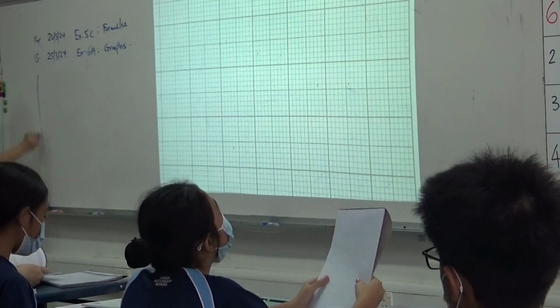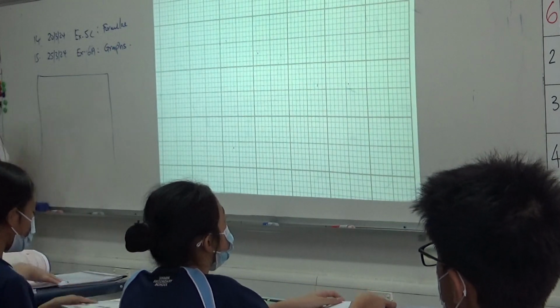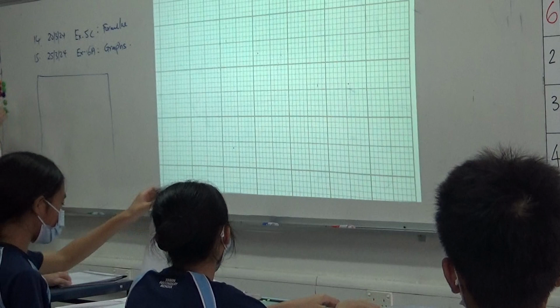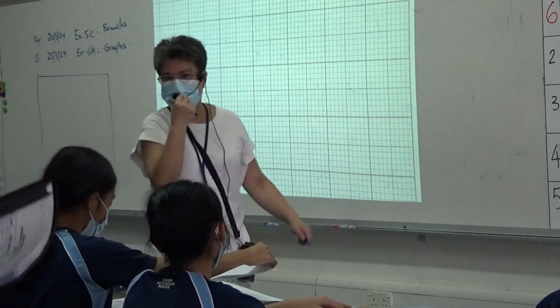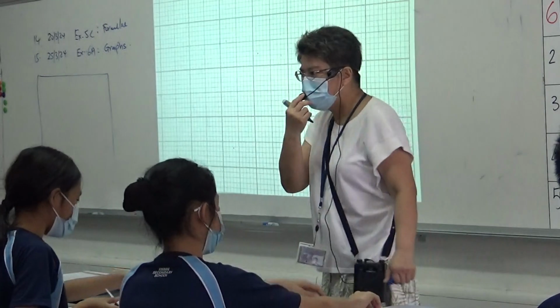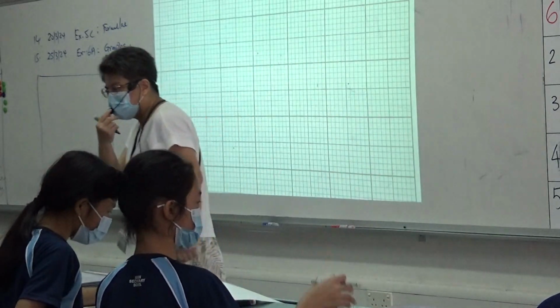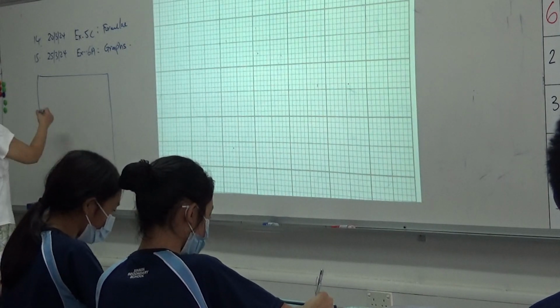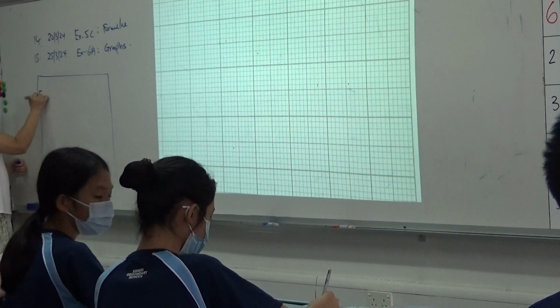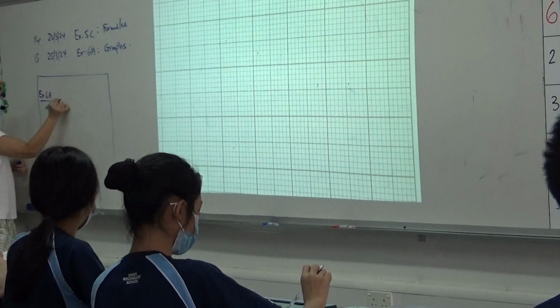On the graph paper, can you write your name? Your class. And the date. Then, can you write down exercise 6A?